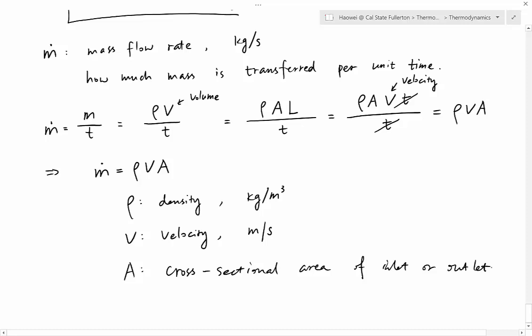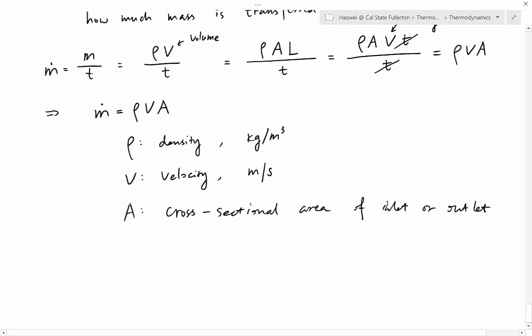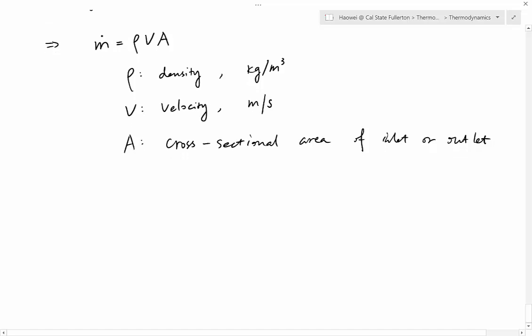If you are calculating the mass flow rate at the inlet, you use A at the inlet. If you're calculating the mass flow rate at the outlet, you use the A at the outlet. Okay, so that is mass flow rate.